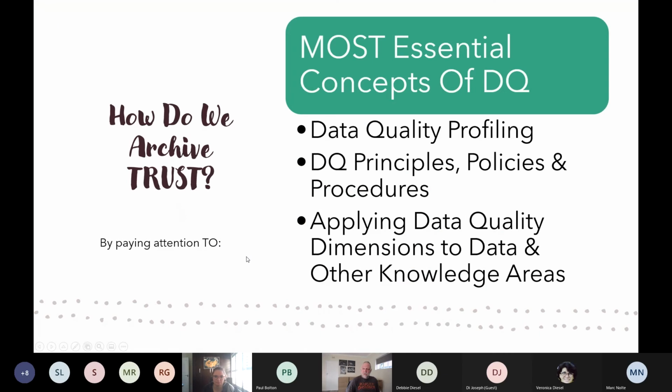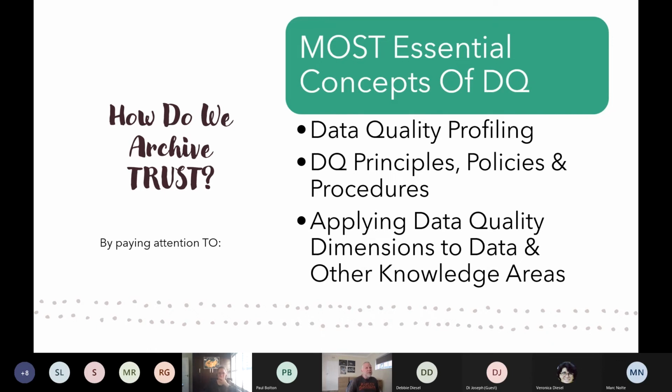Okay, so I think we achieve trust by paying attention to the most essential concepts of DQ. Now, it's a bit of an oxymoron when you've got essential concepts and now you're having most essential concepts, but I think these are the three areas that as data quality specialists, we need to know backwards. So how do we profile the data?